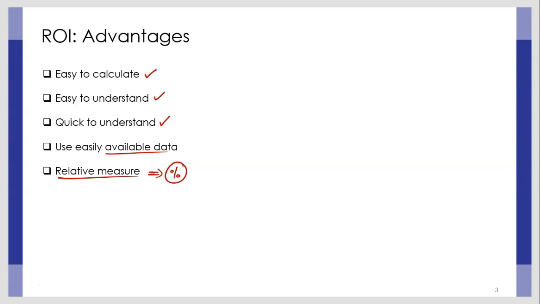And the advantage of a relative measure is that comparison between different sized divisions is possible. So the best part about return on investment is that you can compare return on investment of a small division with the return on investment of a large division.